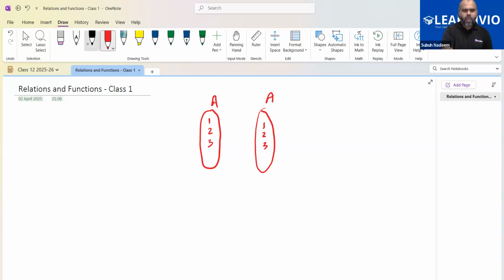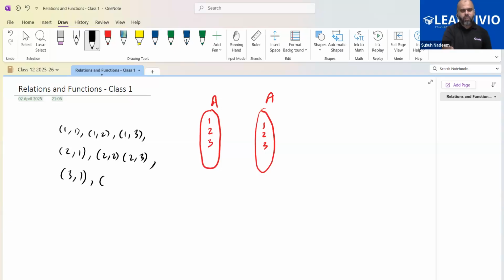Now, if you do the mapping, you can do this type of mapping: 1 is mapped to 1, 1 is mapped to 2, 1 is mapped to 3, 2 is mapped to 1, 2 is mapped to 2, 2 is mapped to 3, 3 is mapped to 1, 3 is mapped to 2, 3 is mapped to 3. So these are all the possibilities, all the types of relations.